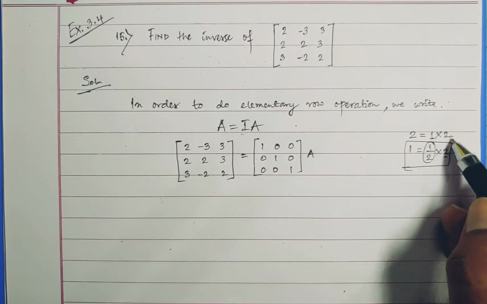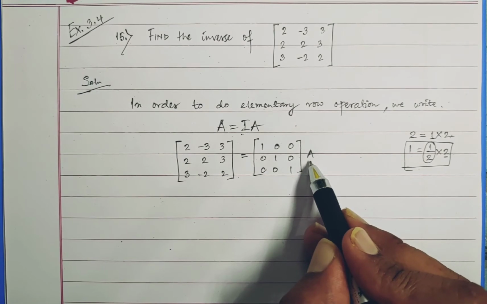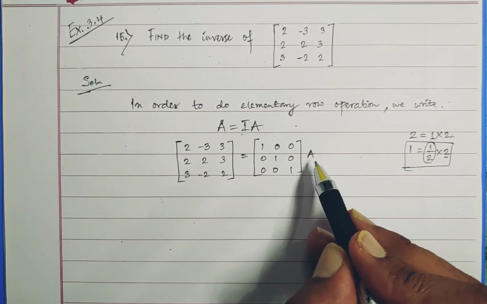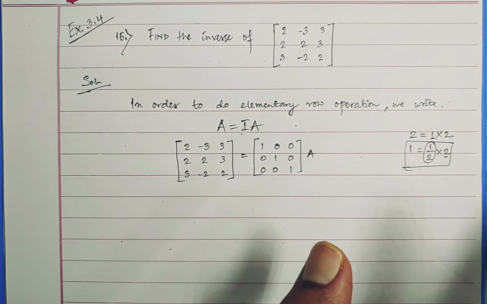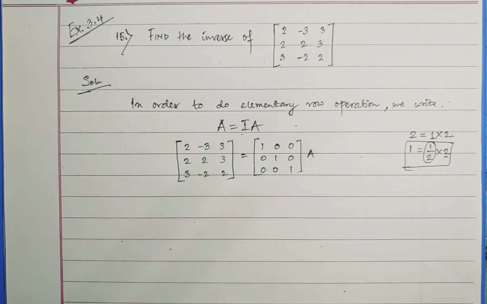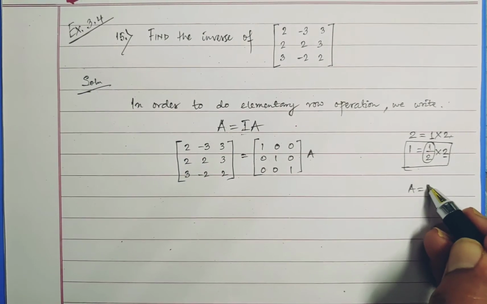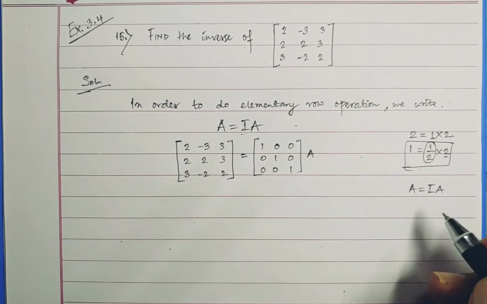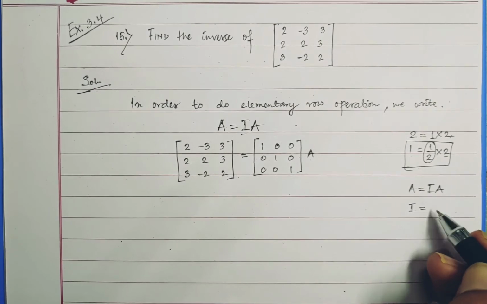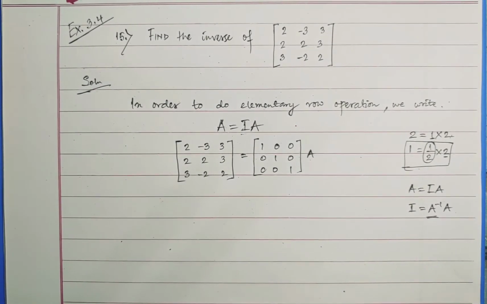I do nothing with this 2. I change only these 2. That's why this A is fixed. I will do nothing with this A. Clear? That's the reason we are doing it like this, to find the inverse. So after doing this, A is equal to IA, at the end we'll get I is equal to A inverse A. So this will give our inverse of the matrix.